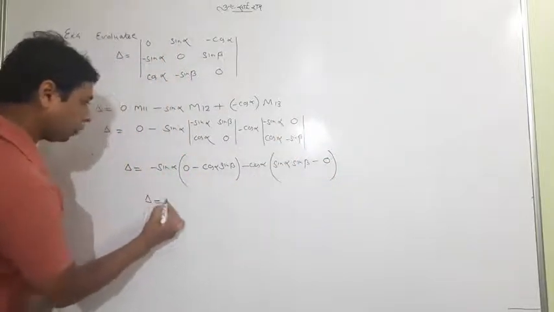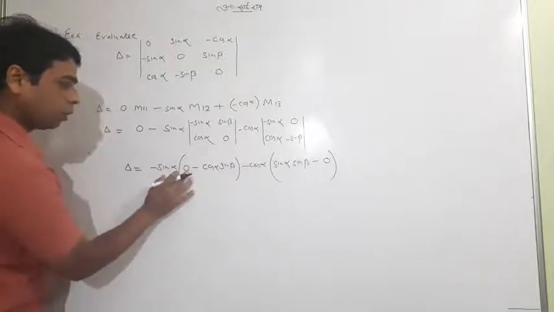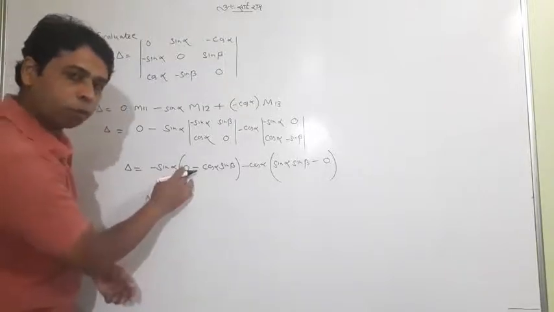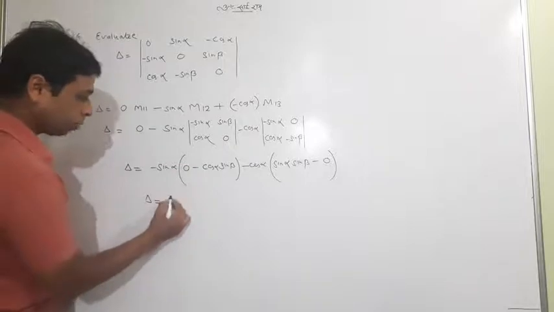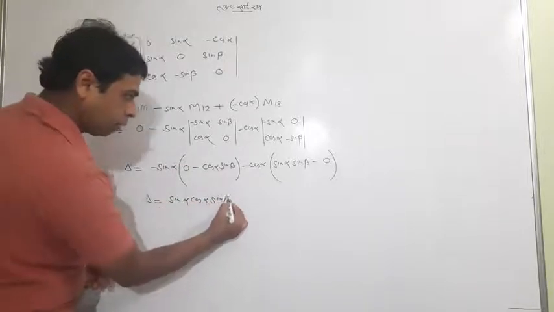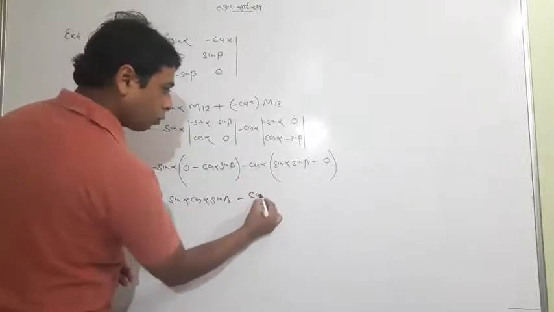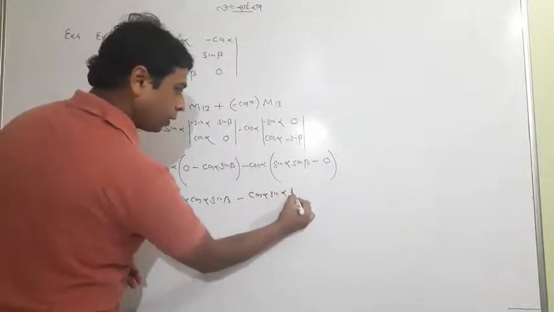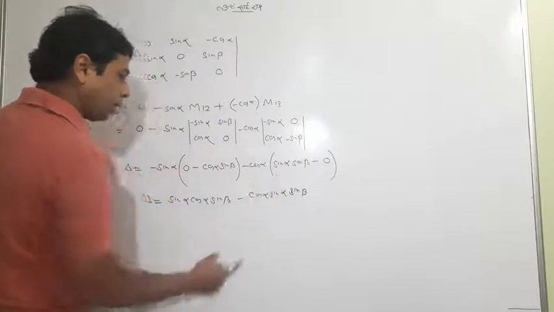Finally I would have this minus and minus, so minus minus plus sin alpha cos alpha sin beta, and this into this is cos alpha sin alpha sin beta.